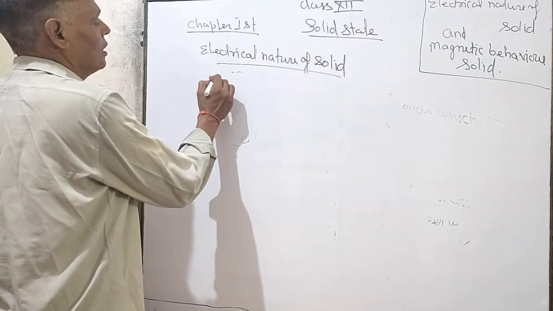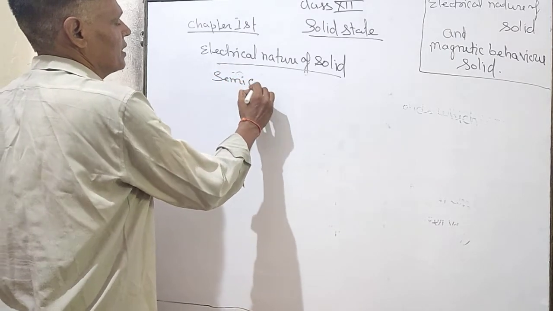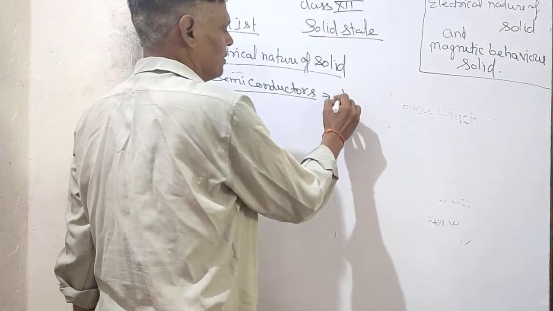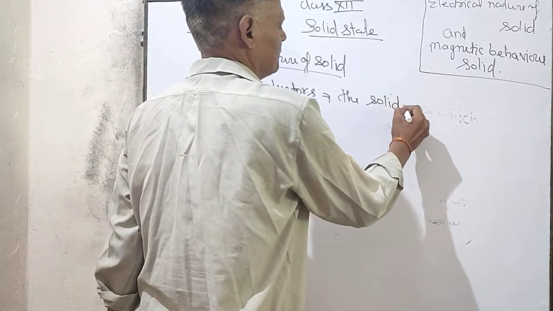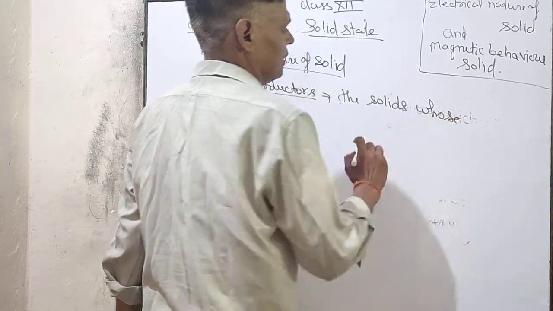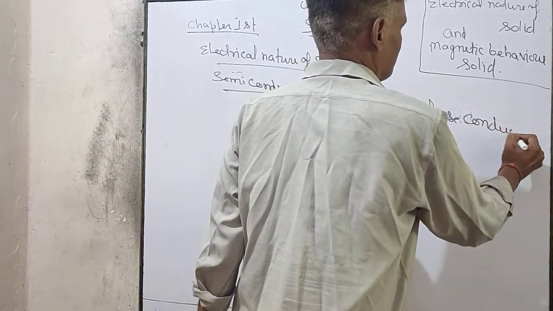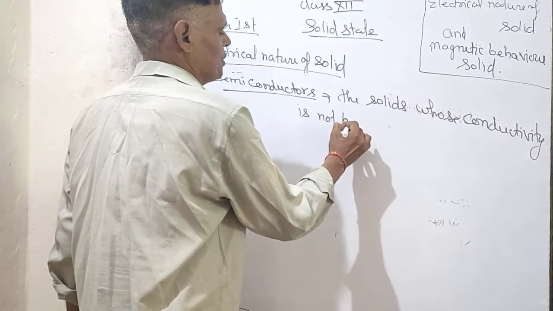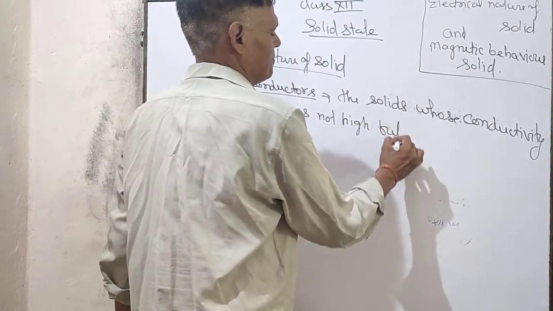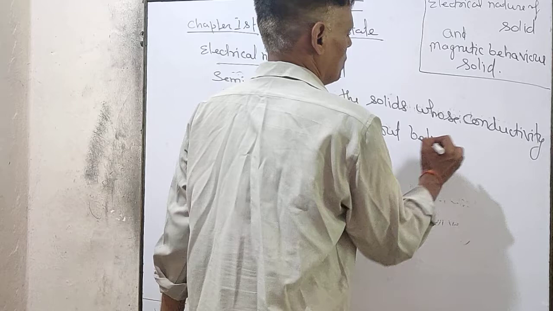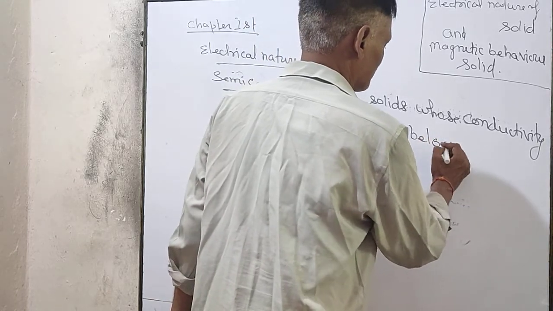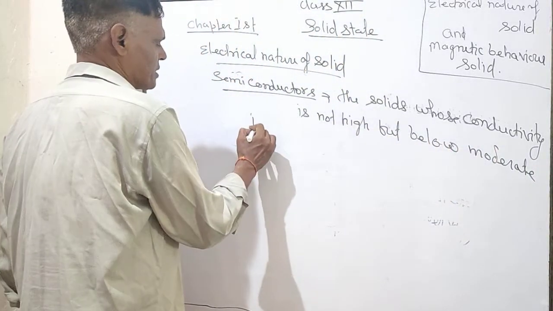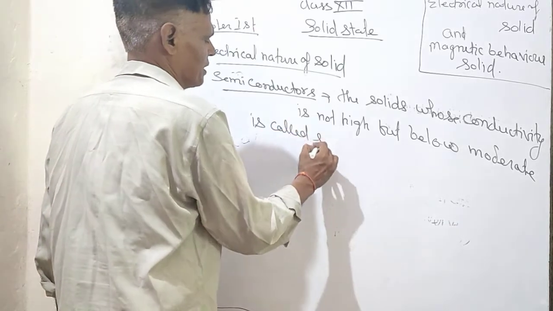The solids whose conductivity is not high, but below moderate, are called semiconductors.